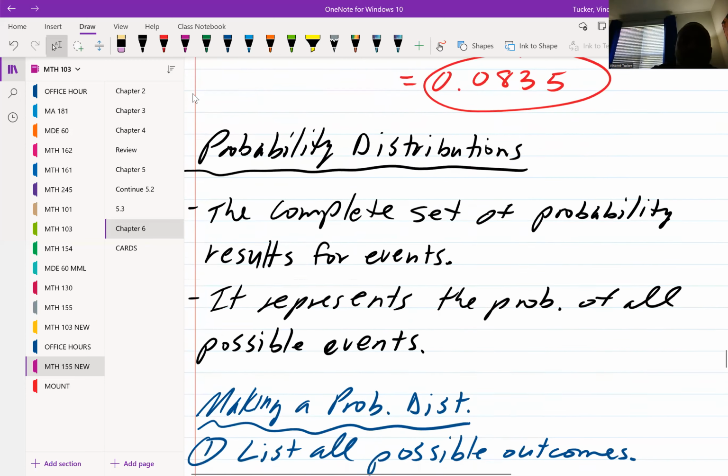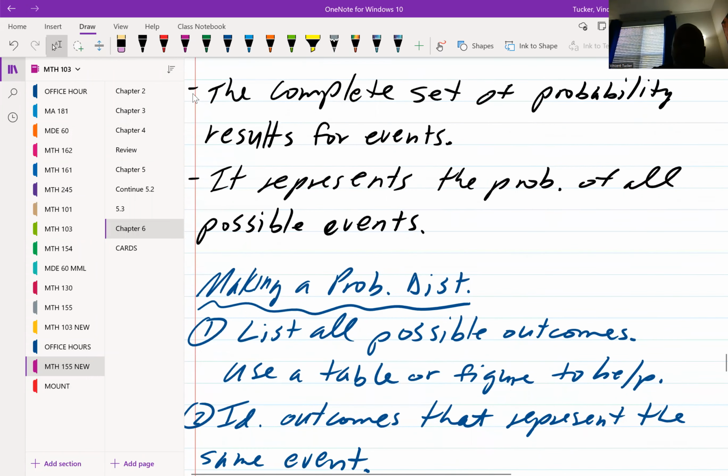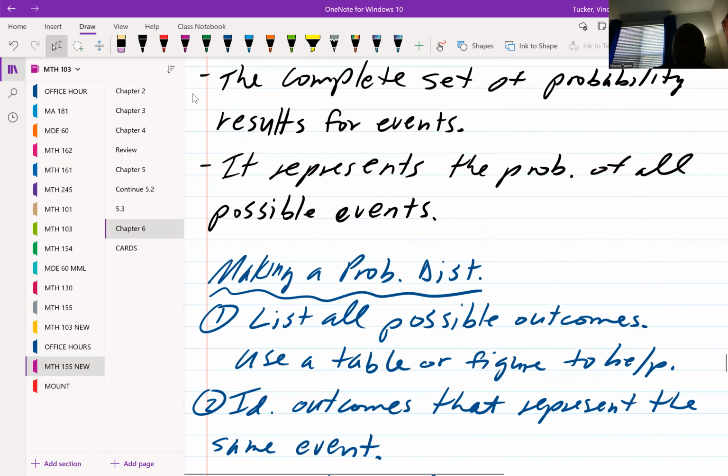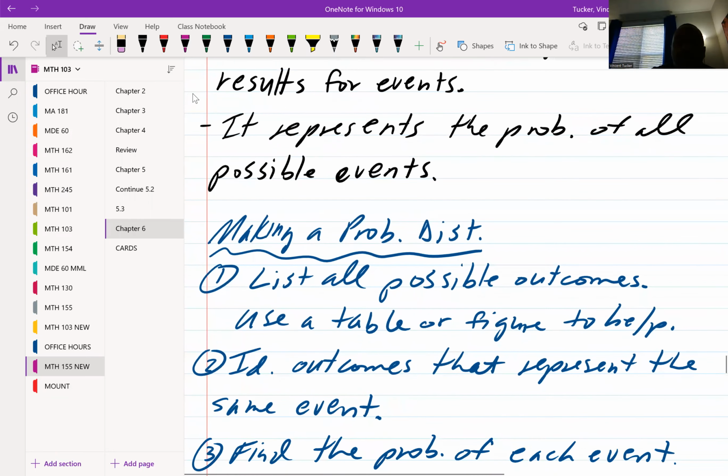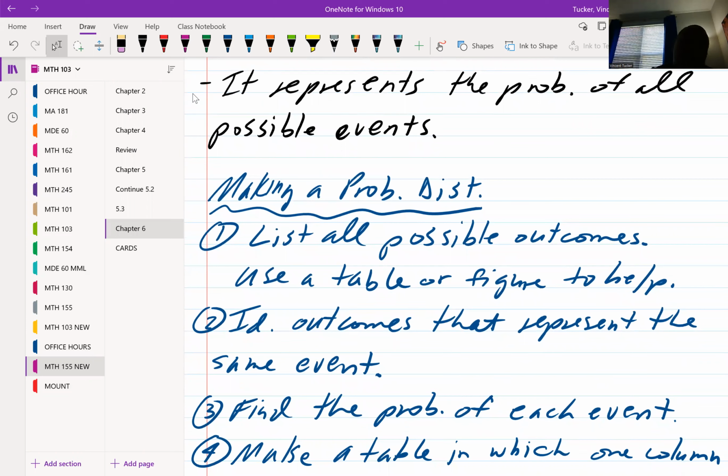All right. To make the probability distribution, we have a couple of steps that should help you to do so. First, we want to list all possible outcomes, and you need a table or figure to help you out there. Identify the outcomes that represent the same event.